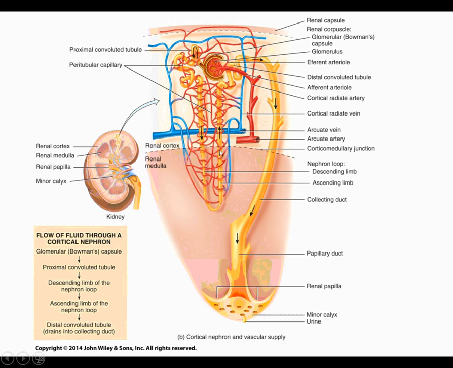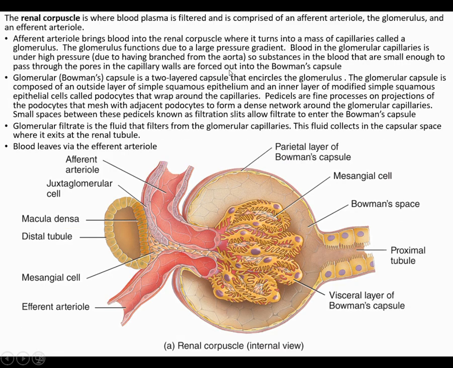From there, the filtrate travels back out into the cortex and meets another kind of jumbled up tube, what we call the DCT, distal convoluted tubule. Okay. Now, as we pass that filtrate through the distal convoluted tubule, look, it happens to pass right by that afferent arteriole. Okay. If I go back to the picture of our renal corpuscle, here we can actually see the distal convoluted tubule.